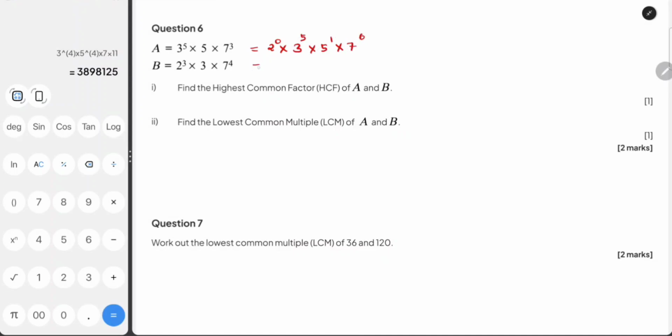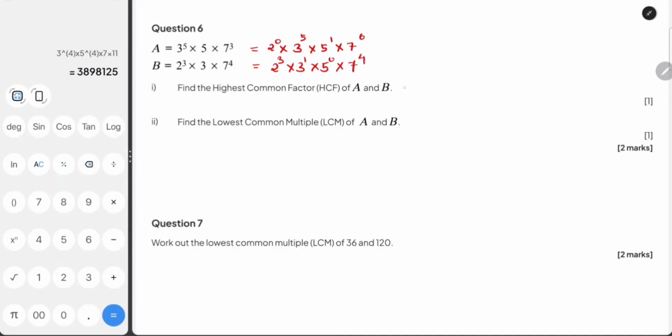I have this habit that while finding HCF and LCM, I write all the prime numbers starting from the lowest one in the ascending order, so that if there are no prime numbers, like there is no 2 here, I write 2 raised to 0. It makes it easier for the calculation. So that's 2 raised to 3, 3 raised to 1, there is no 5, so I can write 5 raised to 0 and 7 raised to 4.